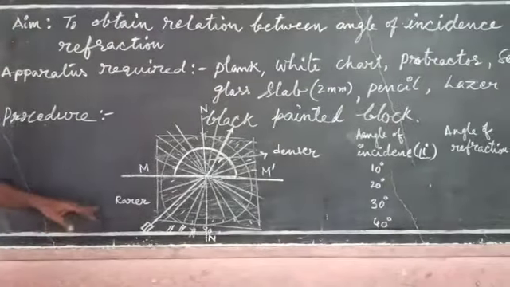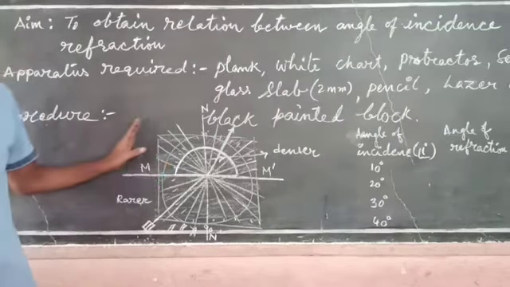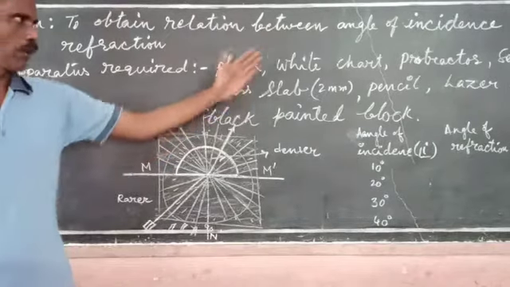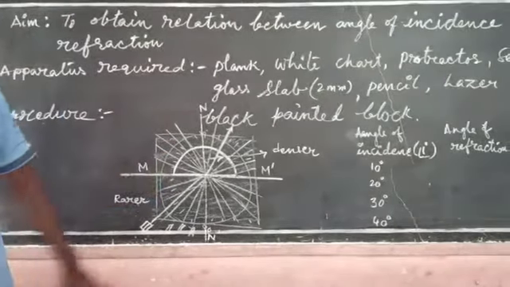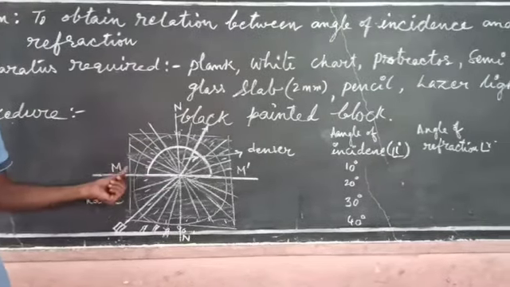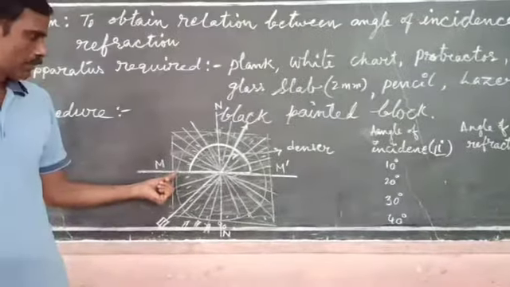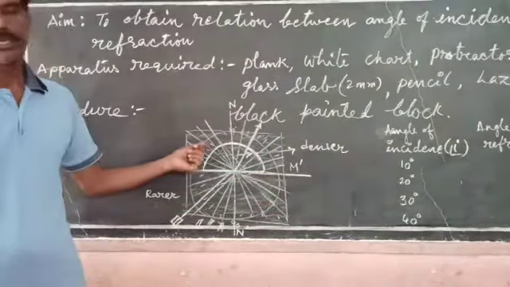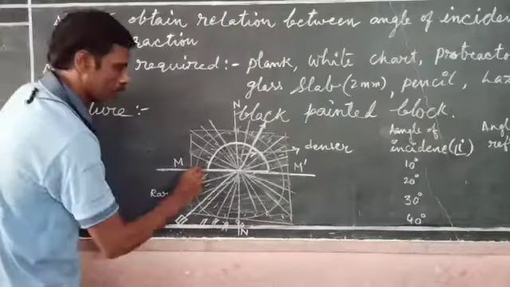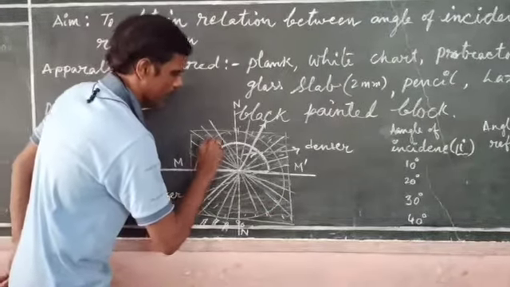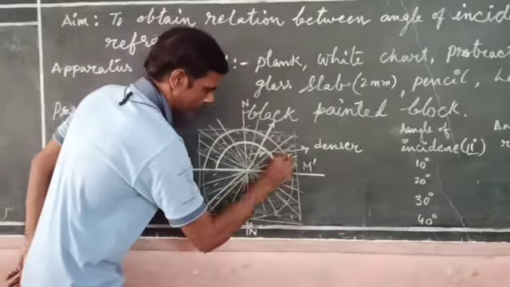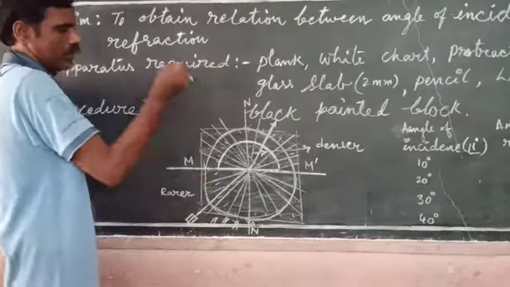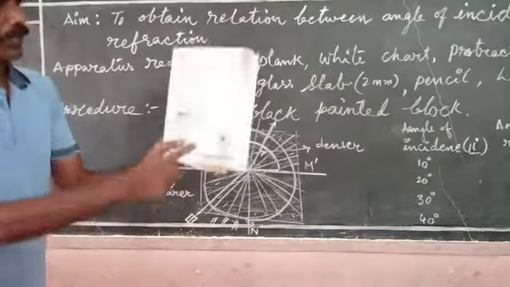See once again. First, take a plank and fix a white chart on it, and by placing the protractor, mark degrees from 0 to 180 on either side of the chart, making a circular ring of 360 degrees like this.